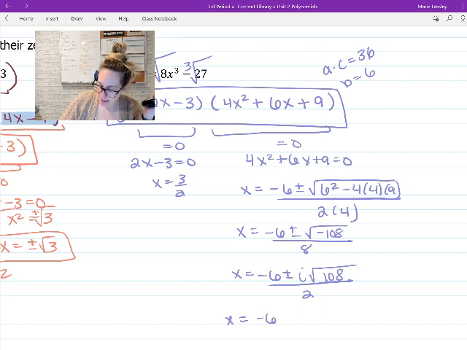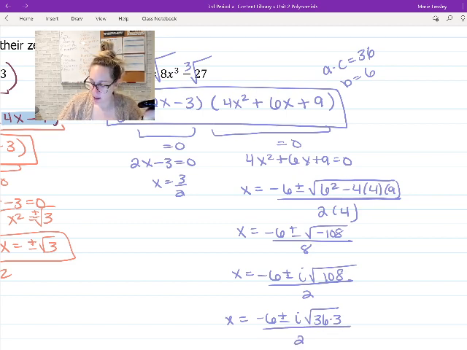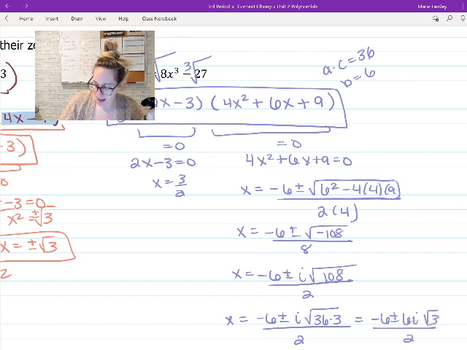So I can rewrite this as -6 plus or minus i root 36 times 3 all over 8. And 36 is a perfect square, so that becomes -6 plus or minus 6i root 3 all over 8.